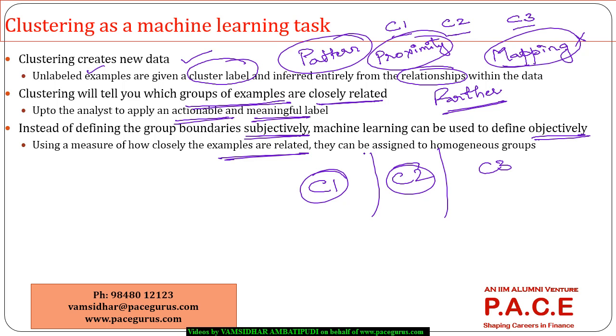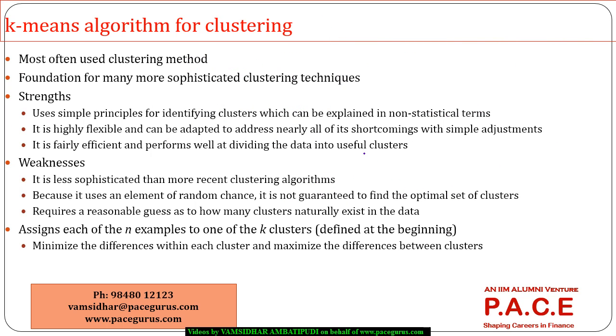That is how the clustering typically works. Now, there are so many algorithms for performing this job of identifying which elements are closest to each other, and which elements are farthest away from each other.